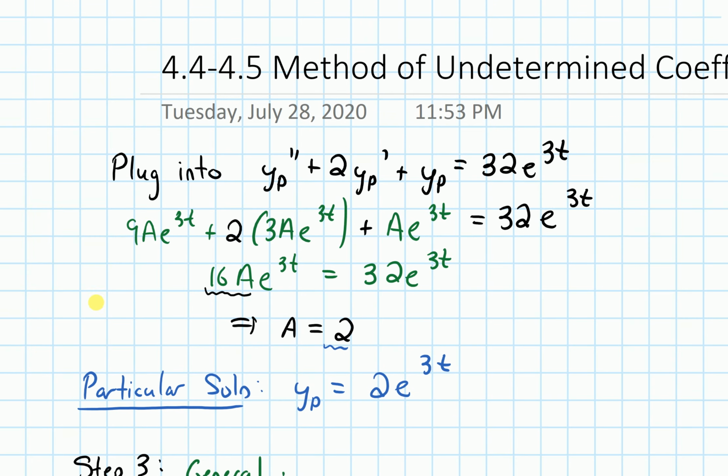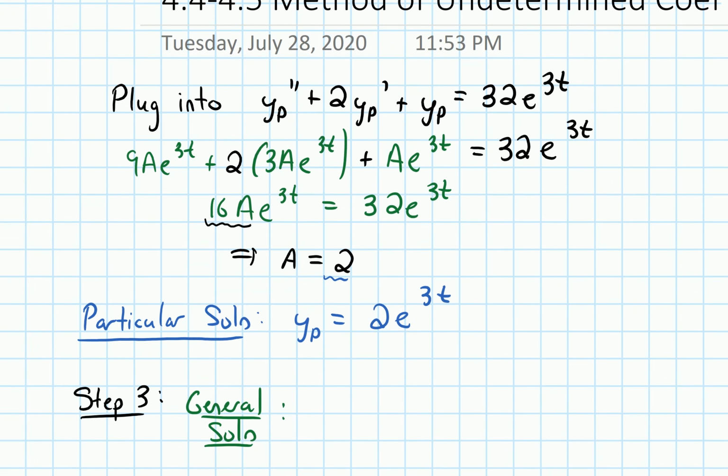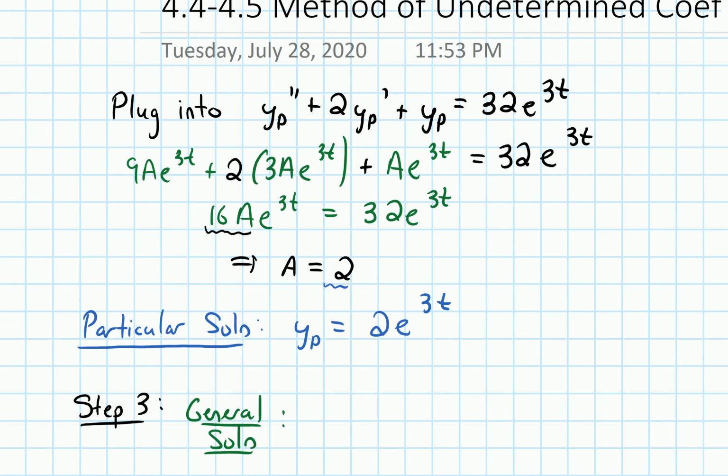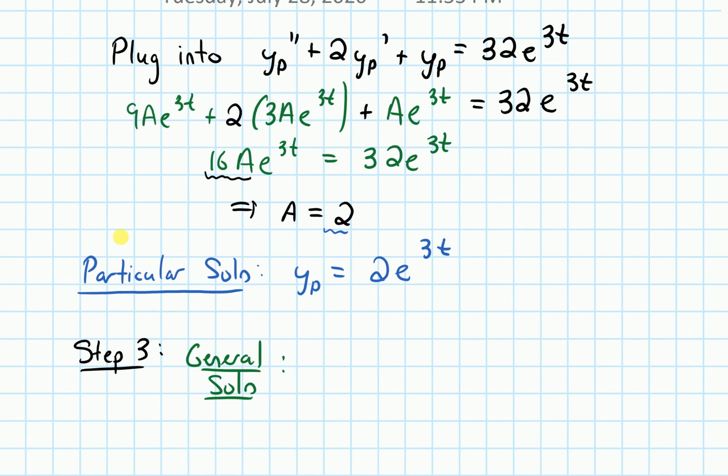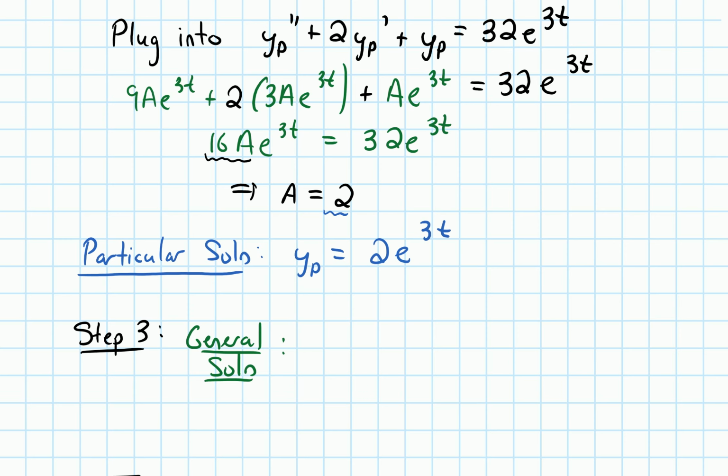All right, so we are ready for the last step now, which is we'll just form the general solution. So the general solution will look like y equals y sub p plus y sub h. So the particular solution added to the homogeneous general solution.